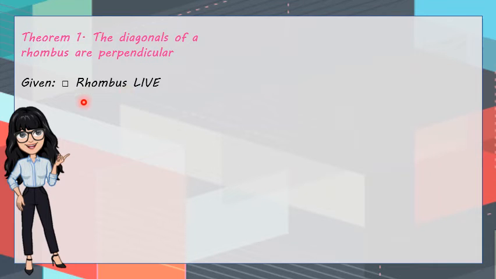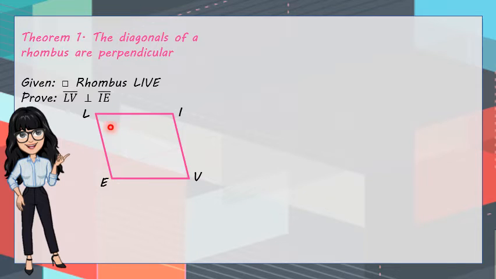Now, we have here given rhombus LIVE. So again, it is a rhombus, so you need to think of all the properties of the parallelogram, and of course, the special property of the rhombus, which is all sides are congruent. So given rhombus LIVE, we need to prove that LV is perpendicular to IE.